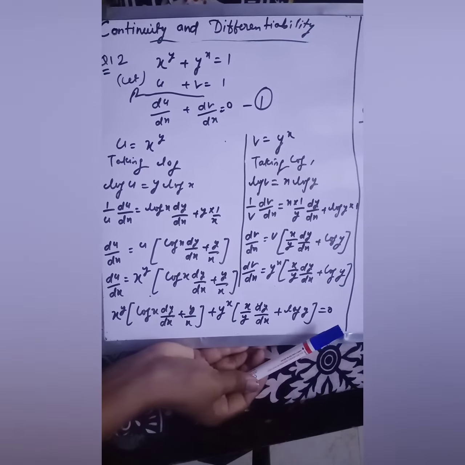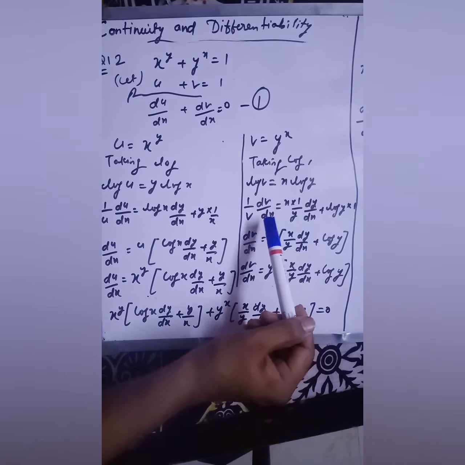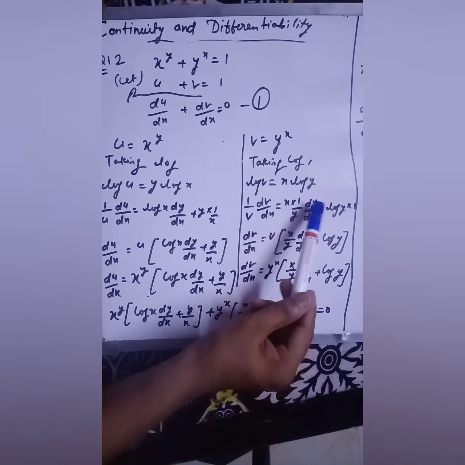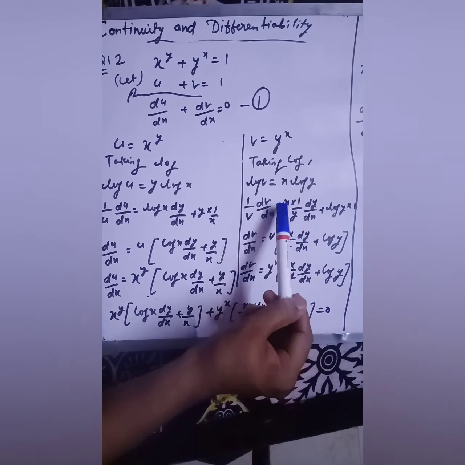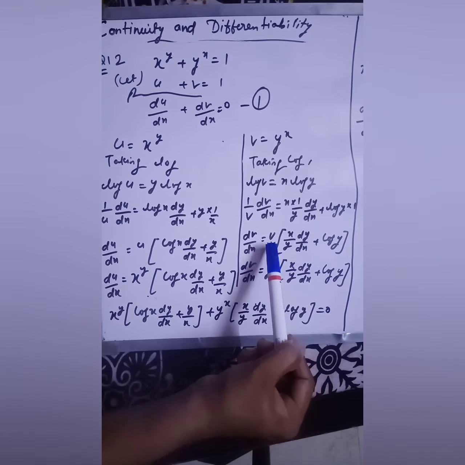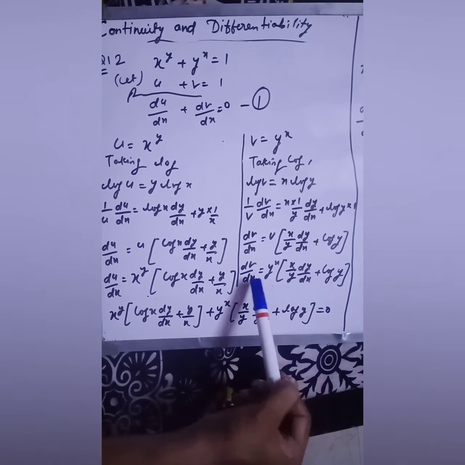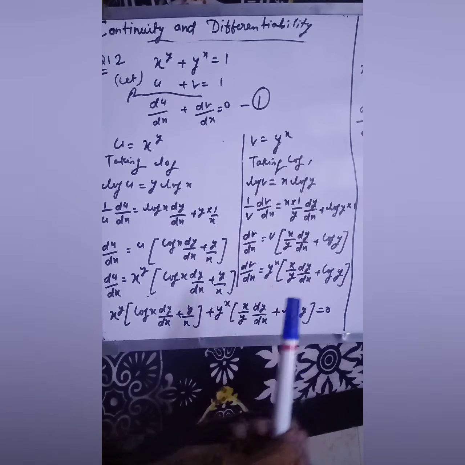Then this v will come here, and you have to simplify it and put the value of v, that is y raised to power x, and this is your dv by dx.